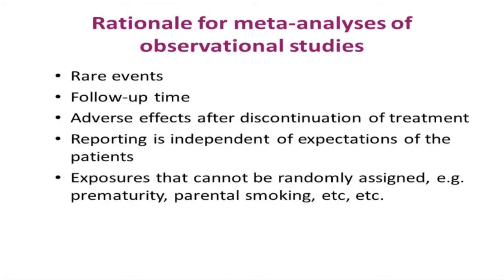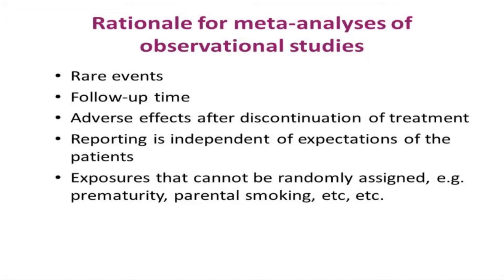And why I started to talk about that there are reasons for which we are making meta-analysis of observational studies, and I'll just give you a few of those reasons. If you're looking for rare events, it's not very practical to randomly assign people in a randomized controlled trial, to randomize thousands of people that you have to follow up closely and do lots of analysis that are expensive, to find only a few events that you're interested in.